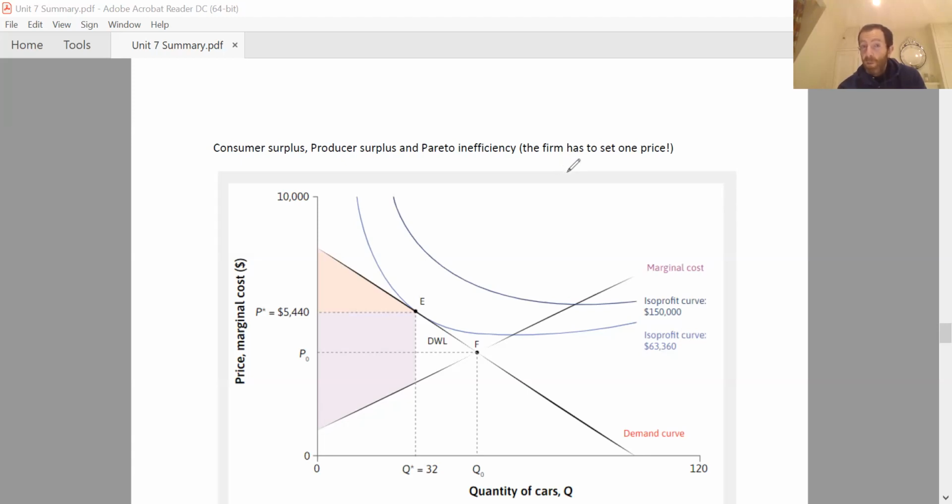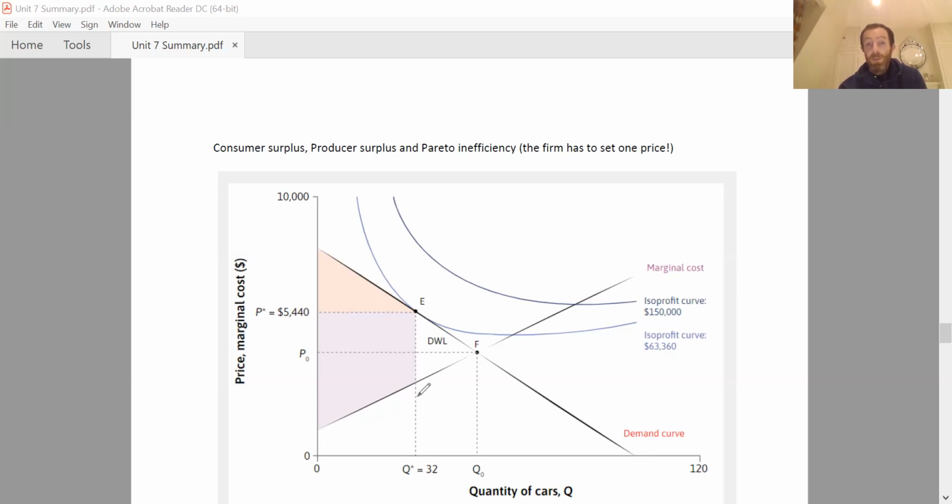They have to set just one price. So the price they decide to set is this one, because this is their profit-maximizing quantity and price. But actually, there would be a price and a quantity that would make consumers better off, and you could argue make the firm better off.